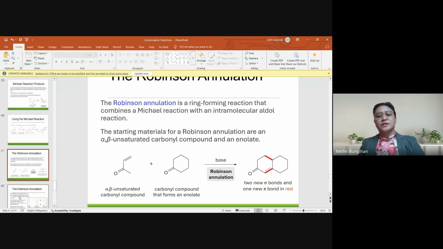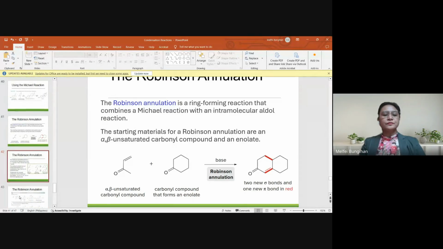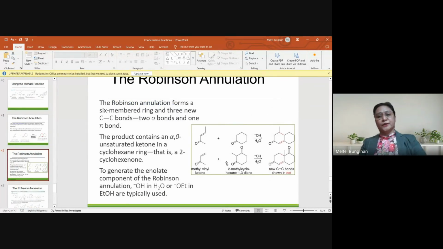So let's look at the details for Robinson annulation. Again, it's a combination of Michael and aldol, and it's intramolecular. It's ring formation. So the Robinson annulation forms a new six-membered ring. So you see here your six-membered rings. Okay.